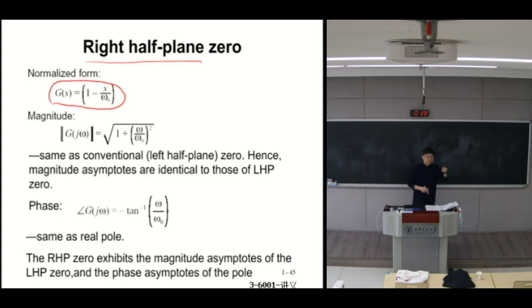This right half plane zero is 1 minus s over omega 0. Therefore, the location of this zero is on the right half plane.